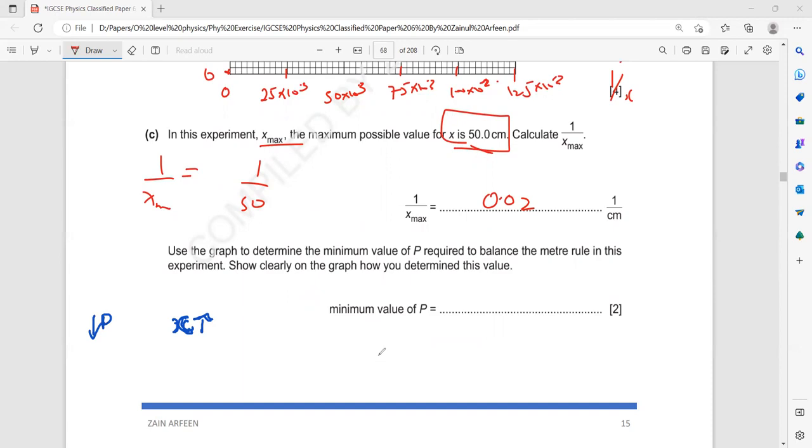If the value of X is increasing, the value of 1 over X will decrease and the value of P will also decrease. So from our graph, with a value of 1 over X as 0.02, or 2 exponent minus 3, we have to determine the minimum value of P.